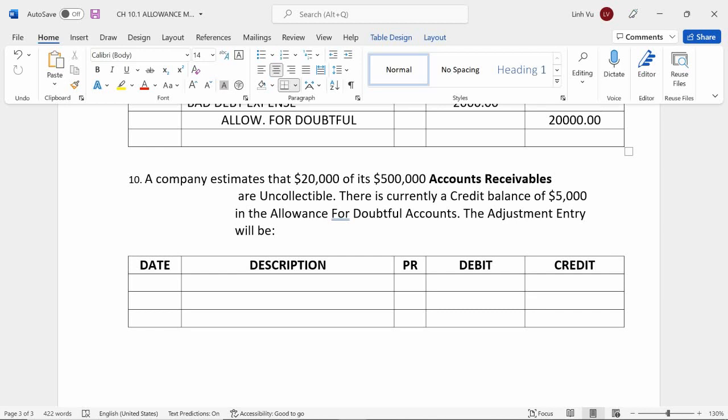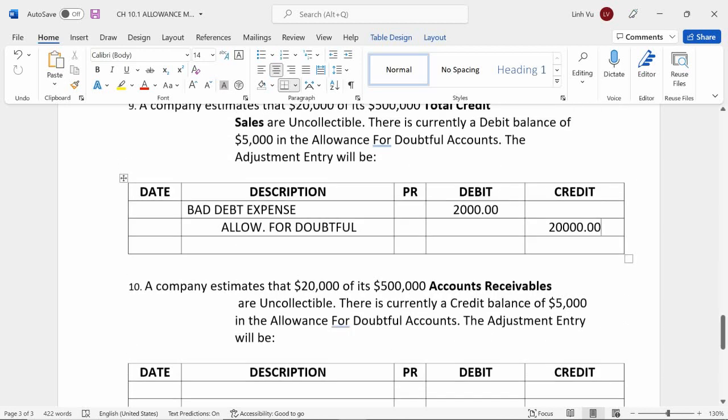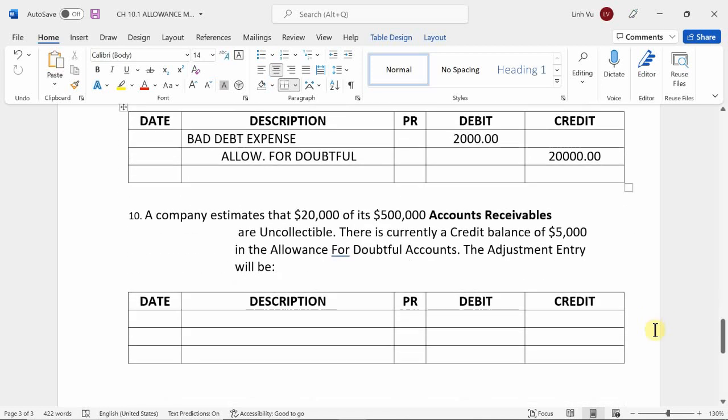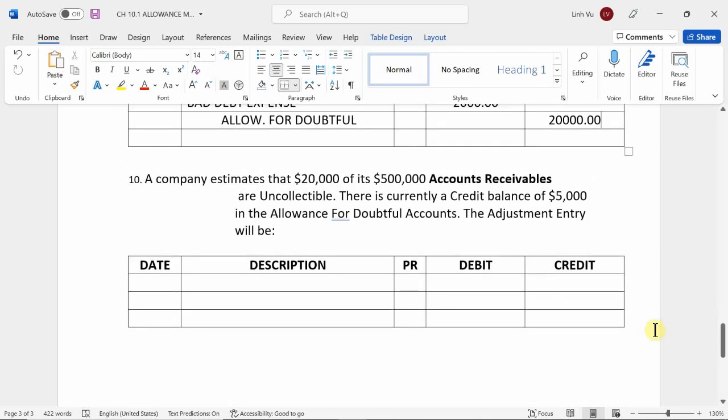So in this case, the difference here is I see the words accounts receivable, where the previous one was total credit sales. So in this case, if I'm looking in my question number 10 here, and I'm looking at accounts receivable, which method am I using?